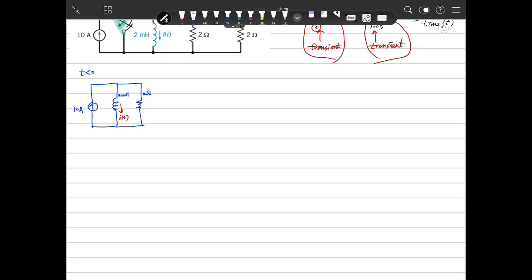So why is iL(0) equal to 10? iL(0 minus), because in steady state the capacitor is open, in other words the inductor is a short circuit. So all the current goes through the 2 millihenry inductor, so there will be 10 amperes when t is here. That will be the initial condition.